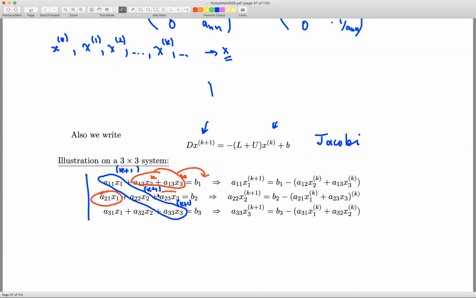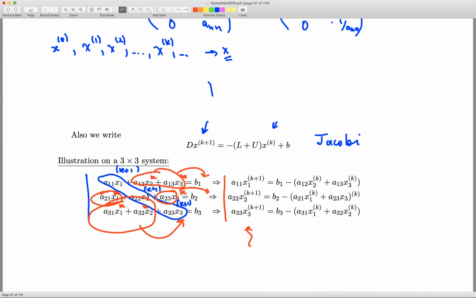So whenever you have an x associated with a matrix entry that is off the main diagonal, we give it a superscript k and move it to the right. And indeed, if you see here, this is exactly what happened. Everything on the main diagonal stays on the left, and the superscripts are k+1.